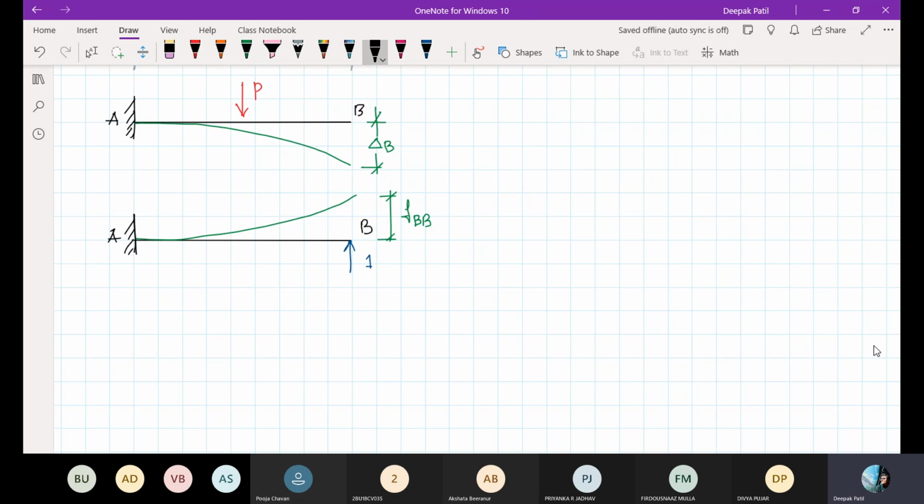Once again, I will draw the same structure, the same beam. Now also I will not put the external load.